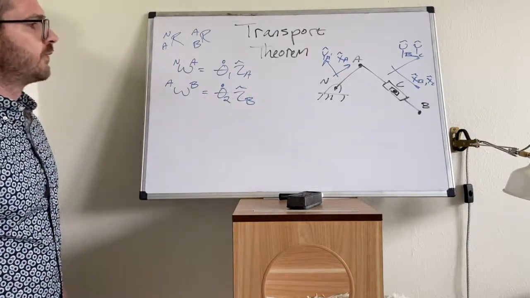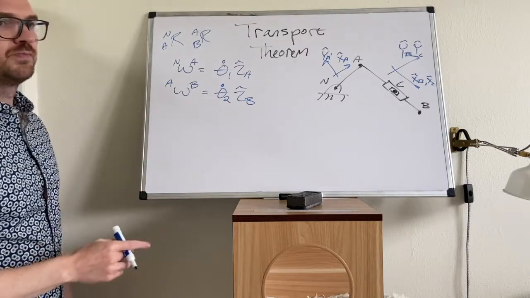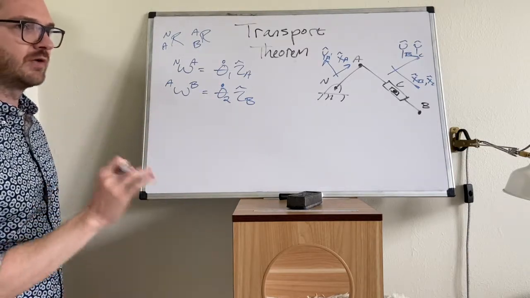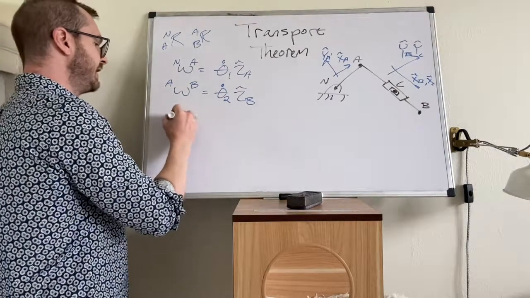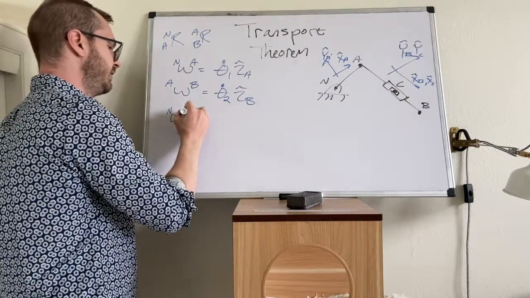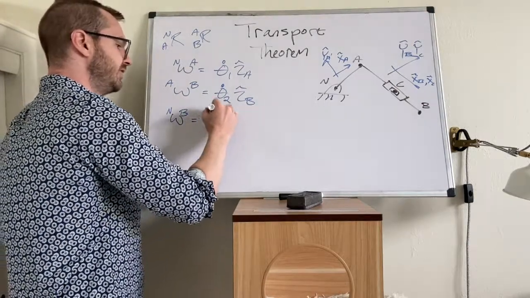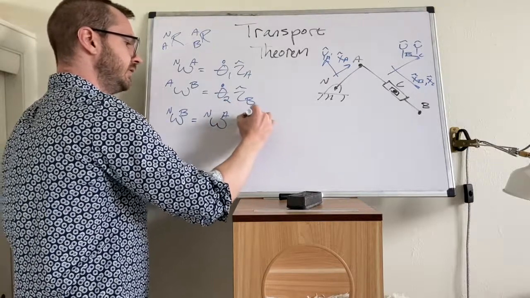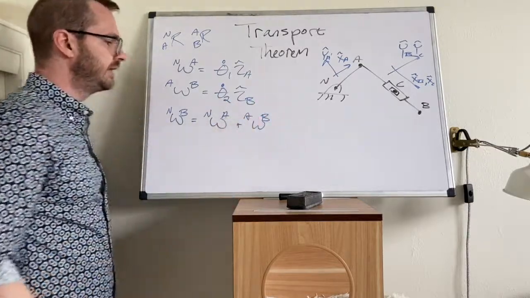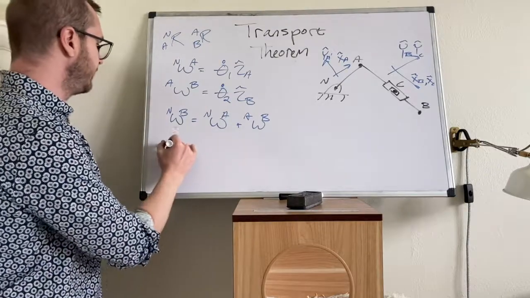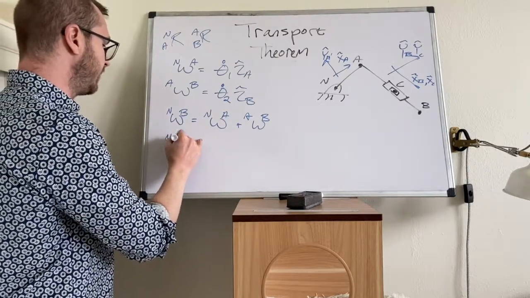Okay, remember when we use transport theorem, we want the total angular velocity, which means we need omega N to B, which is the linear addition of these two, N into A and A to B. So what is omega N into B now?